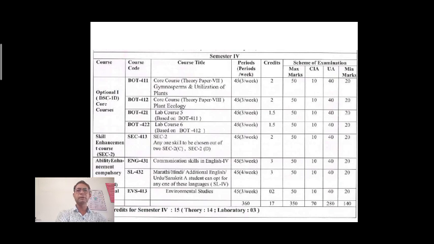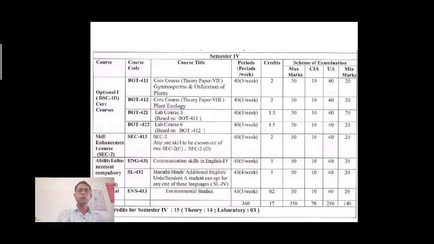And the next one is the ability enhancement compulsory course, which has communication skill in English and Marathi, Hindi, additional English and so on for the second language. In addition to this there will be environmental studies, which is part of semester 4.